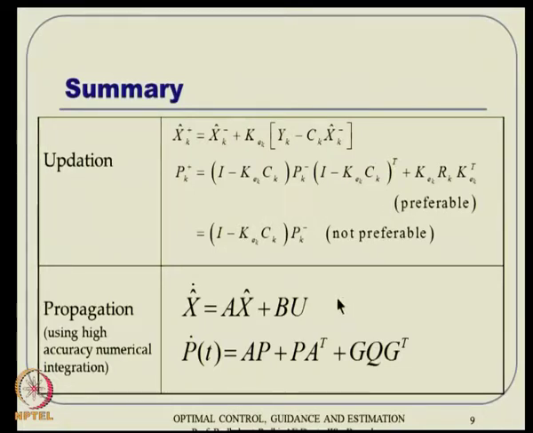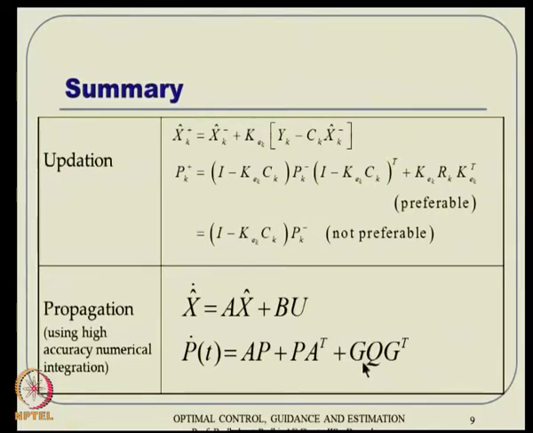The only thing is the update equation, the prediction or propagation equation, can happen now using some sort of higher accuracy numerical integration. In other words, this can be retained as a continuous time expression, and then using higher order numerical integration schemes, you can propagate it with much lesser error. That is the only difference.